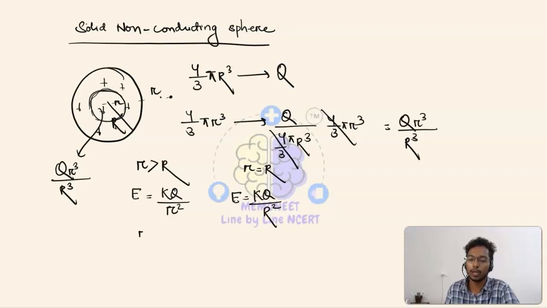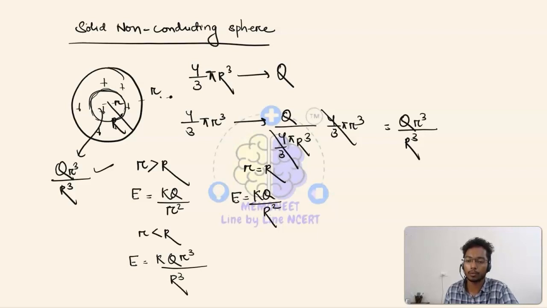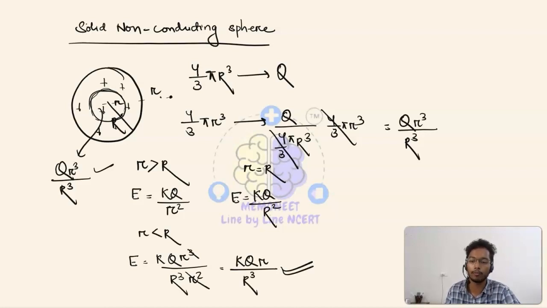For r less than capital R, what will we replace in place of q? We replace it with q r cube upon capital R cube, over r square. So this will cut down, and we have kqr upon R cube. This is the value of the electric field.